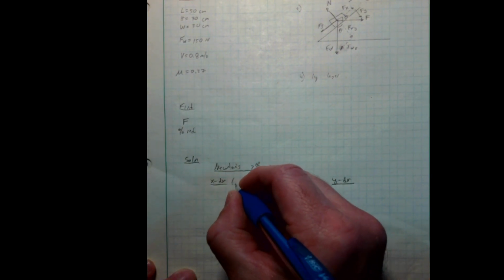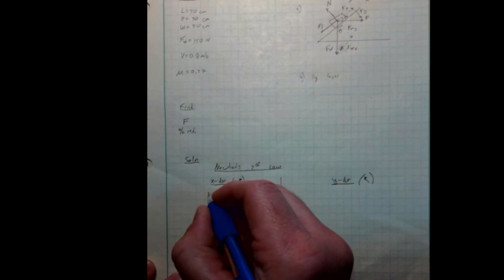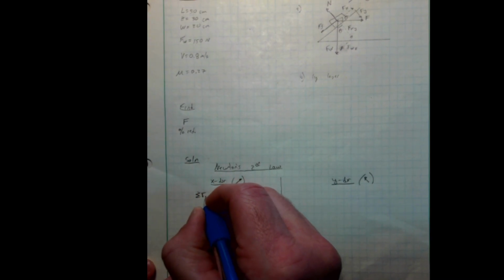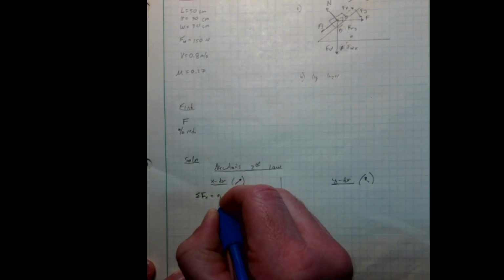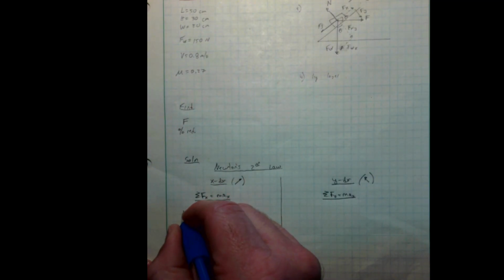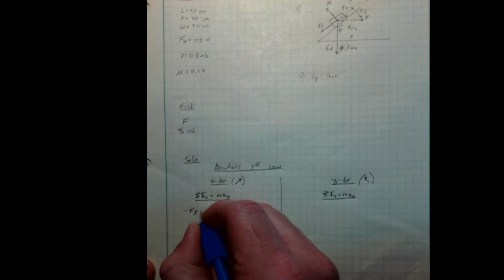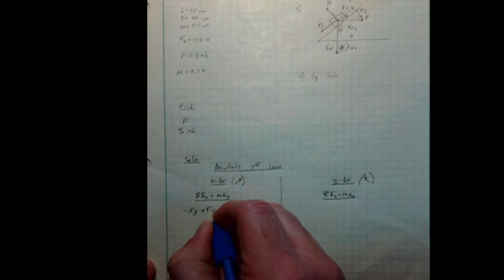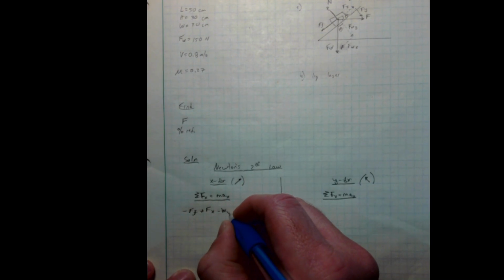We got to pick a direction for the X and the Y. So we have sum of the forces in the X equals MAX. Underline it. Sum of the forces in the Y equals MAY. Underline it. We have minus friction plus FX minus FWX equals 0.